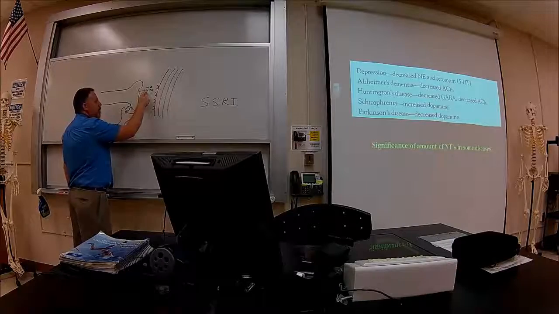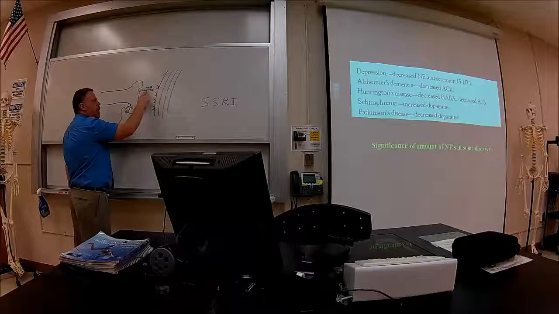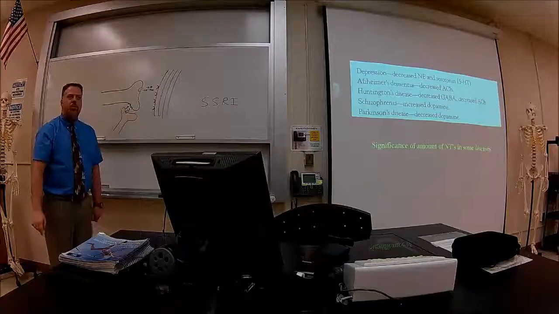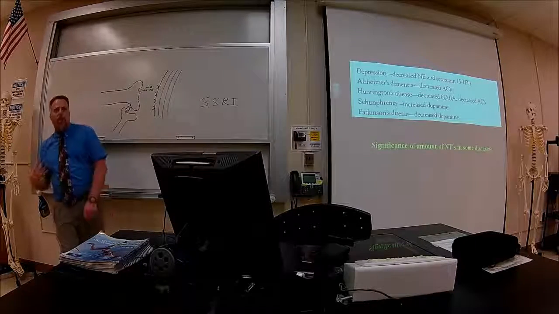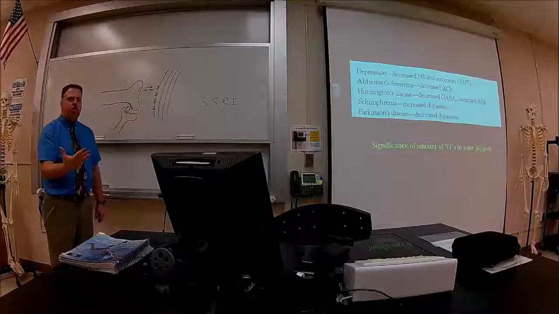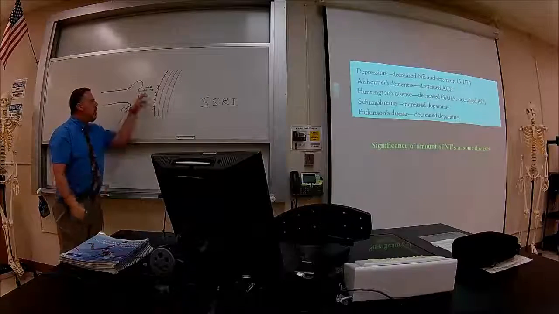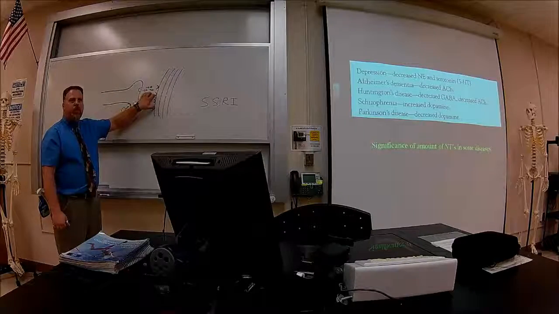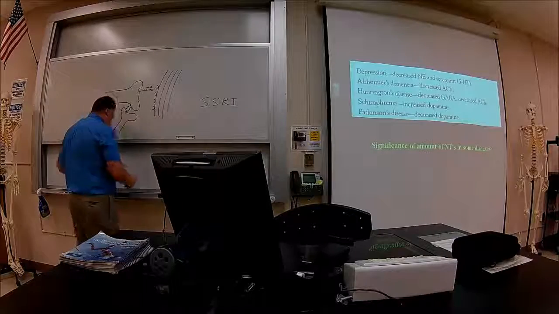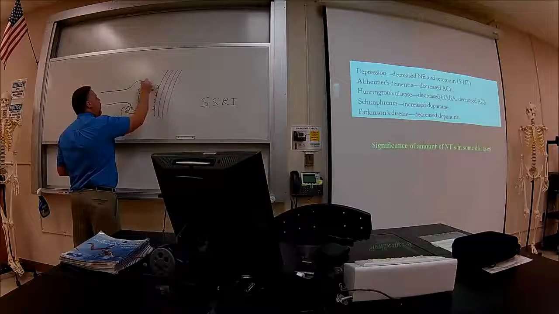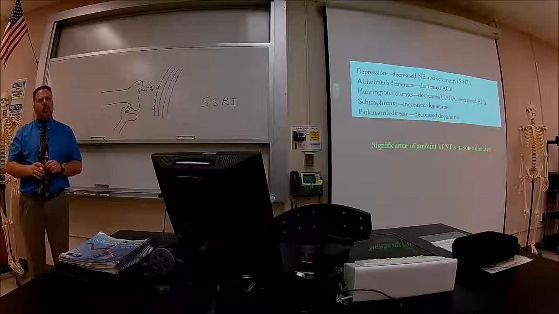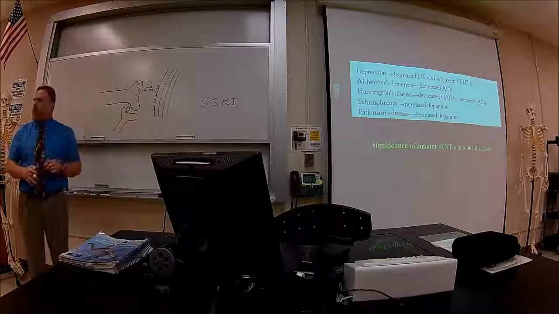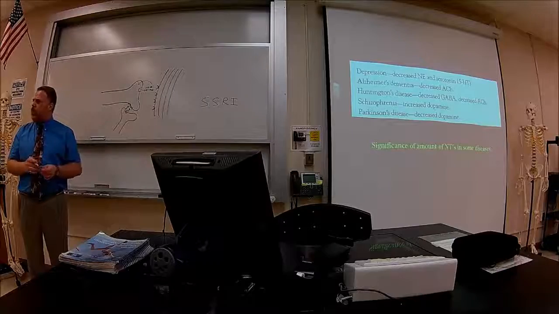All right, what that is, let's say these green dots are serotonin. That's the neurotransmitter, but we need to put more of it out there. Normally the serotonin is going to go back in here, sort of the way acetylcholine does, to get recycled, to go back into vesicles.